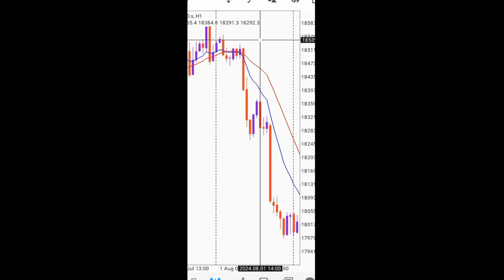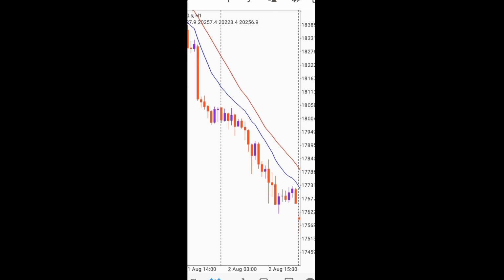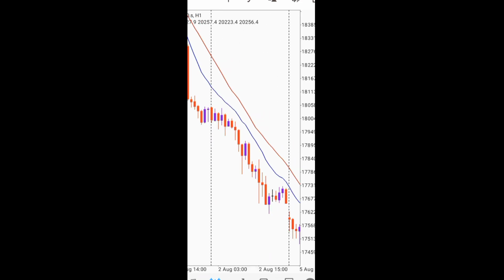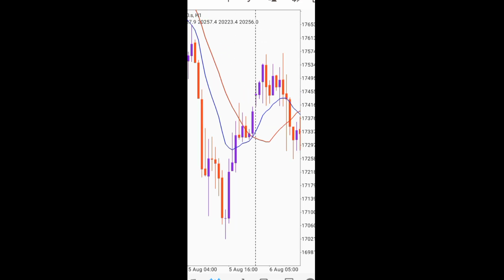My stop loss will be right above that bearish engulfing, and my take profit will be whenever the moving averages cross each other. So we'll go down until this area here. As you can see, this is where the moving averages cross each other, so that will be my exit point.